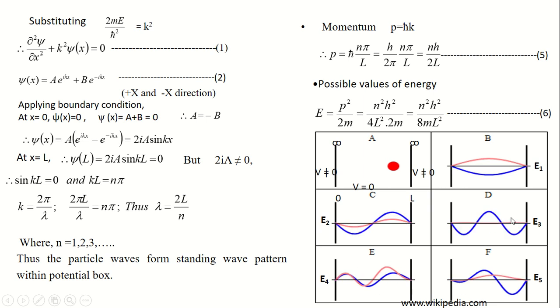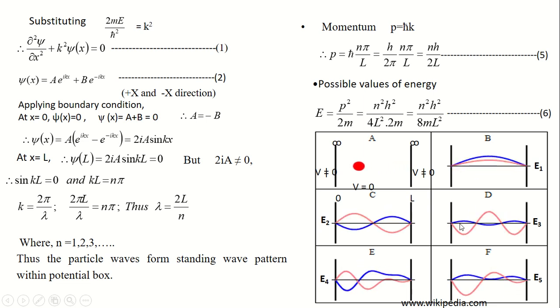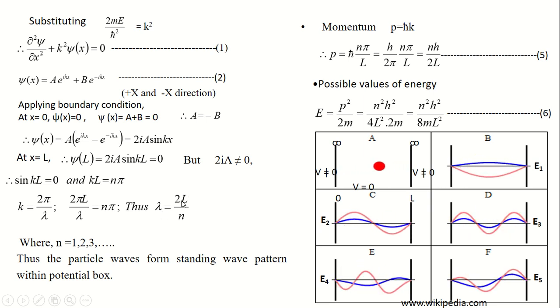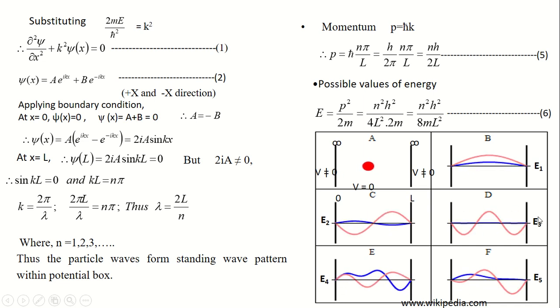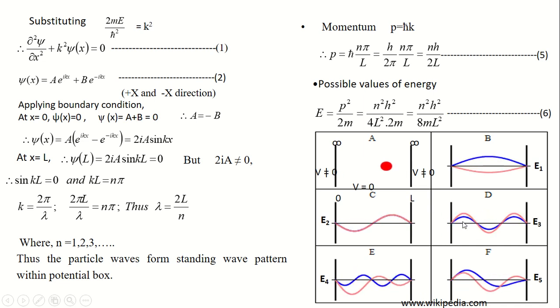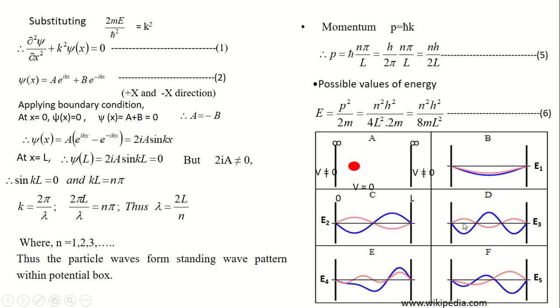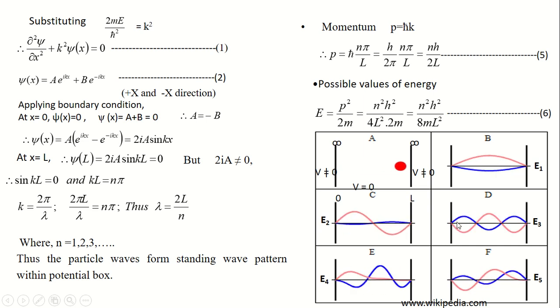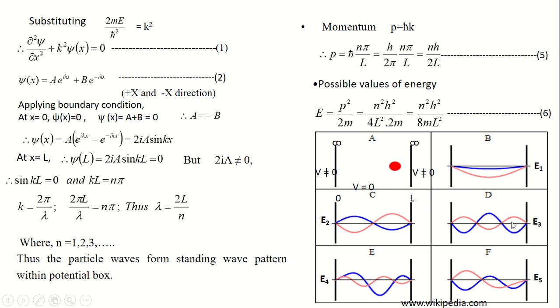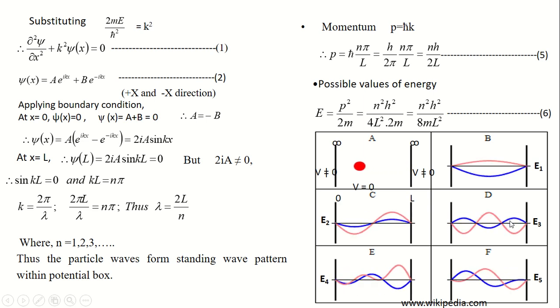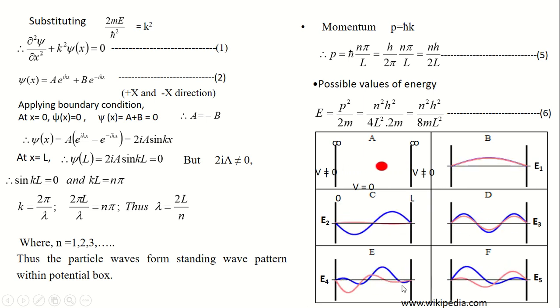When n is equal to 3, lambda becomes 2L by 3. So you can see 3 half waves, and the probability of finding the particle is maximum at the centers of the well, and the energy is 9h square upon 8mL square, and so on.